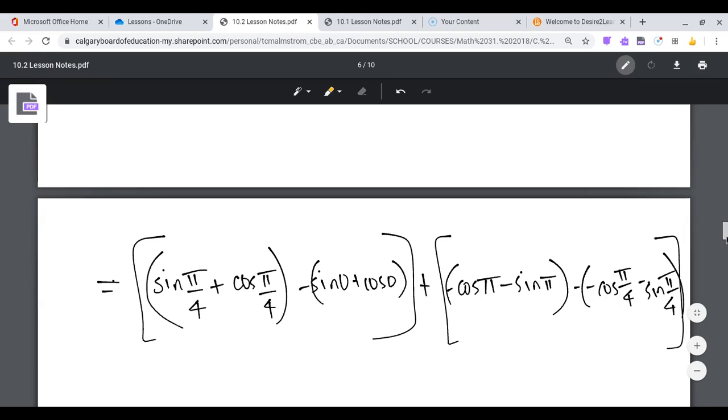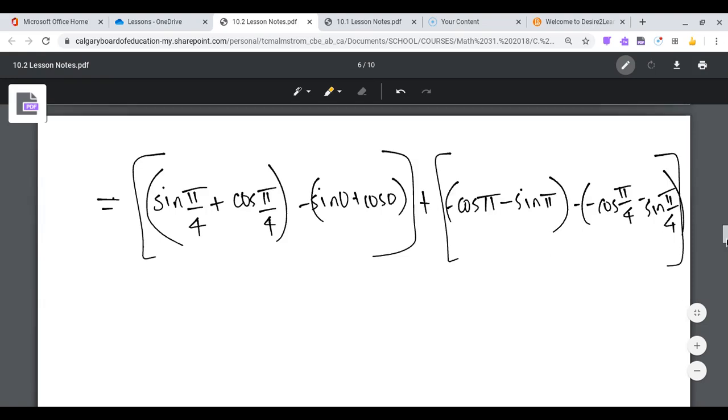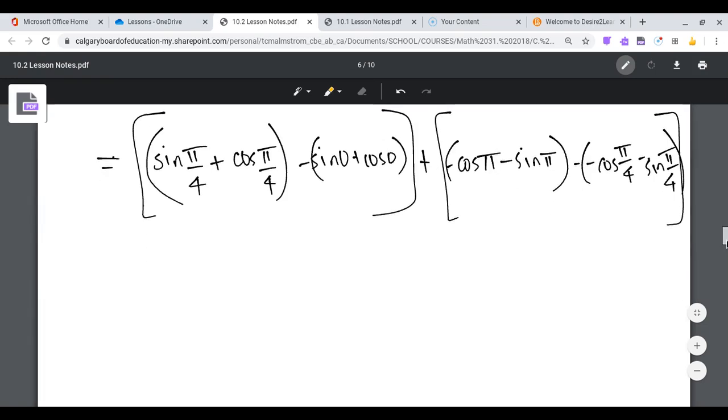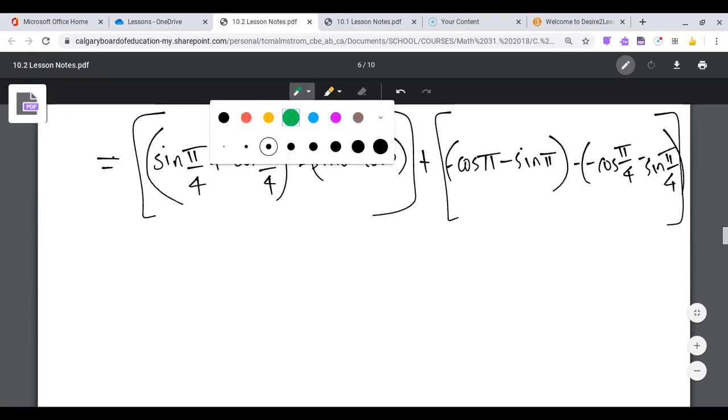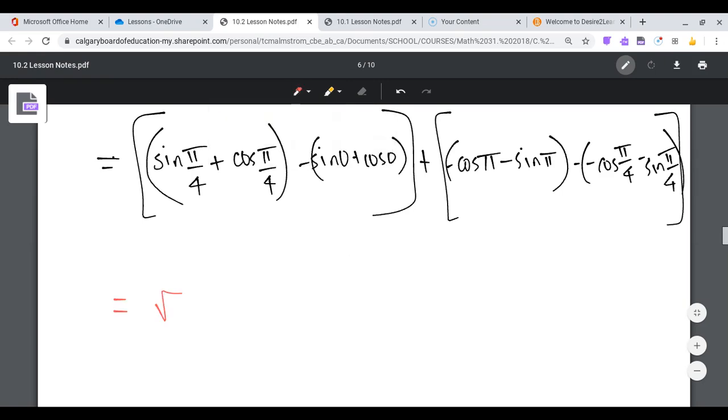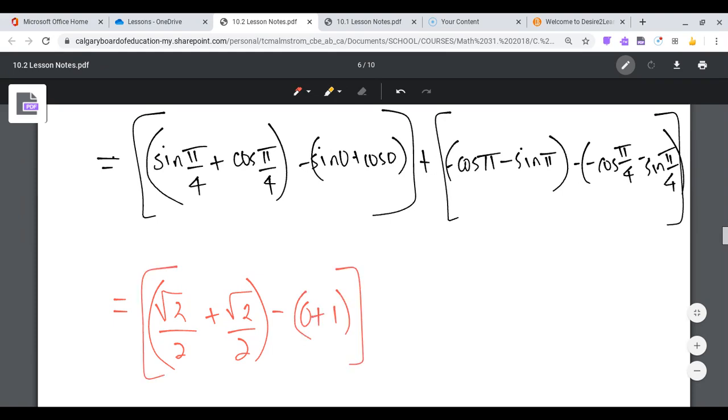Okay, now we have to know what our values are. Sine pi on 4 is equal to root 2 on 2, plus cos pi on 4 is root 2 on 2. Subtract sine 0, which is 0, and cos 0, which is 1. Keep that in brackets because we're going to subtract it in a minute.